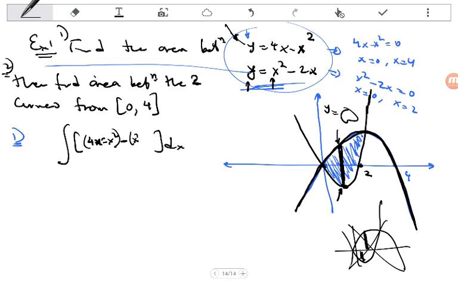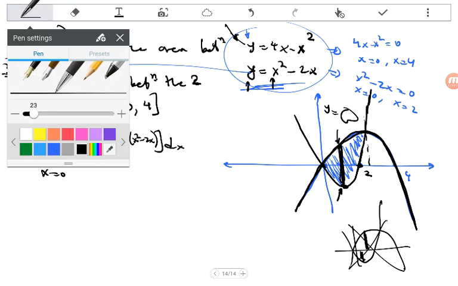It is x squared minus 2x. Now I should slide the strip from x equals 0 to 2. No, 2 was the intersection between the curve and the x-axis. I need to slide it until this point, which is the point of intersection.